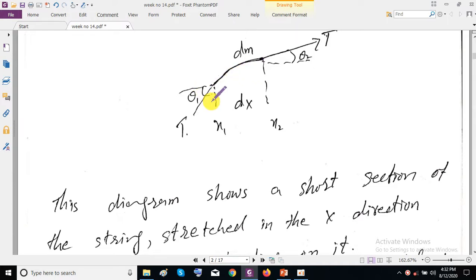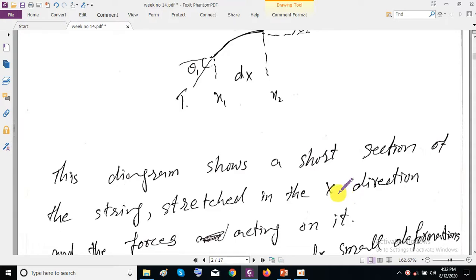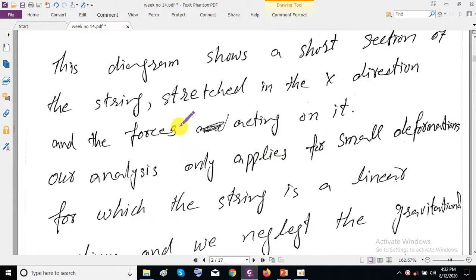This one is theta 1 and this is theta 2, the angle between the vertical position and the tension. This diagram shows a short section of the string stretched in the x direction, and the forces are acting on it.